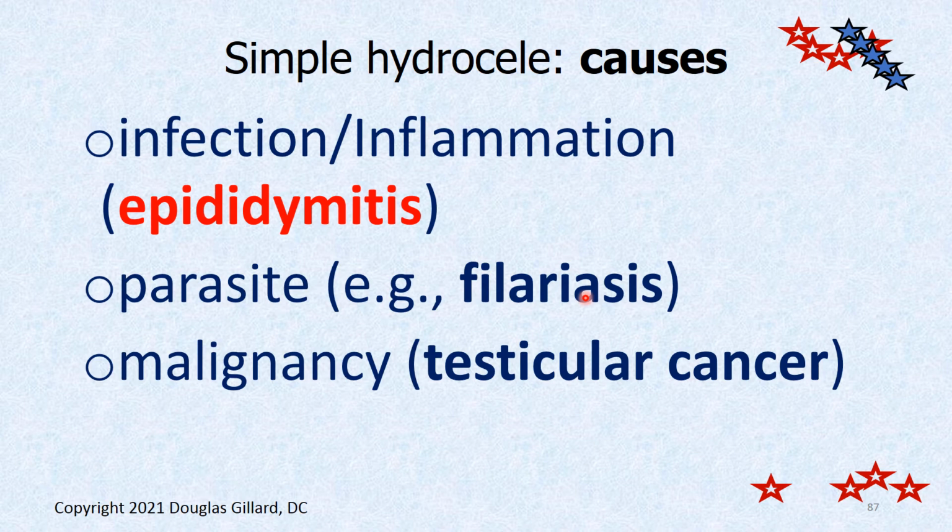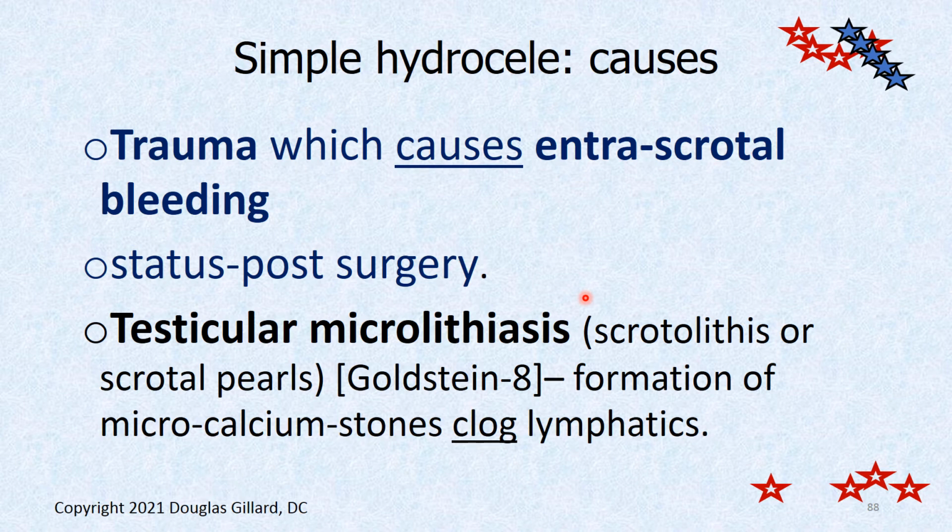It's like a beaver dam, and the lymph vacuum cleaner system doesn't work. And so you swell. Malignancy, testicular cancer, can also get into the lymph system and clog that up. Or a tumor can pinch off the lymph system. Either way, you have a beaver dam, and you can't drain the scrotum or the tunica vaginalis cavity.